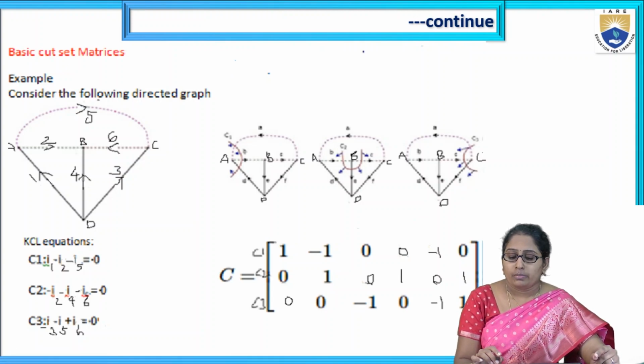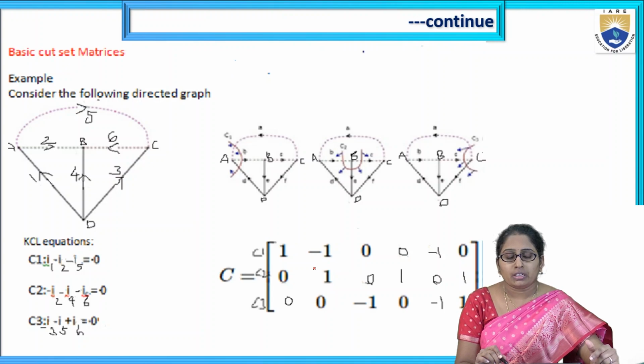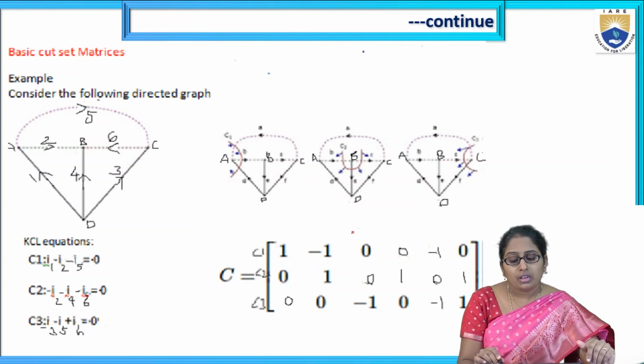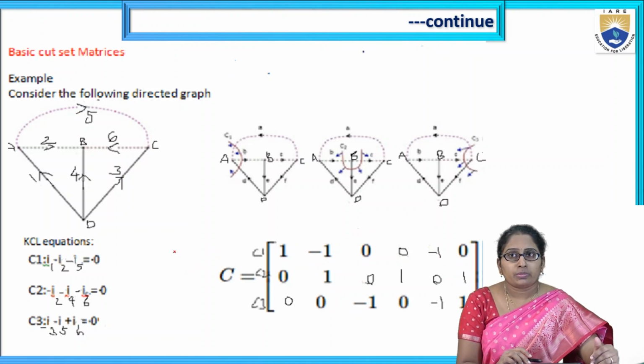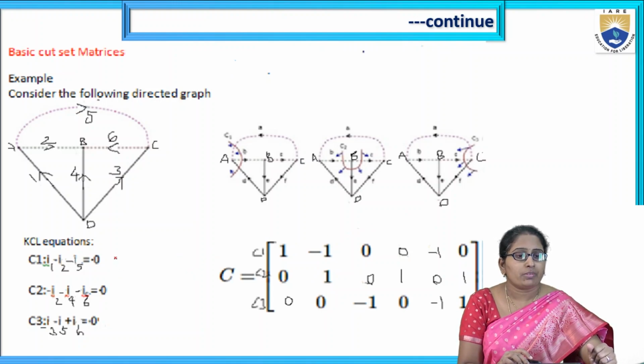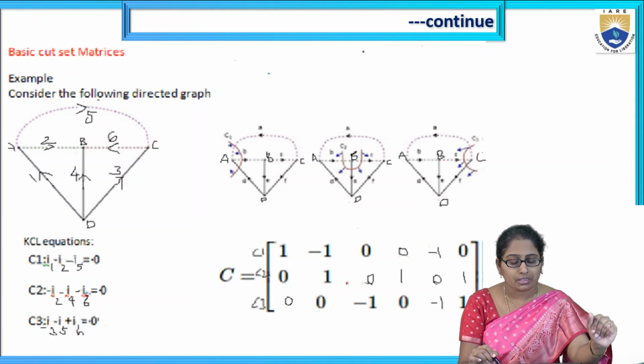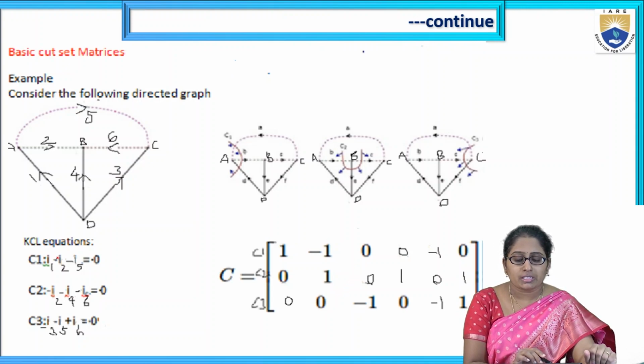Now, before going to how to get the cut set matrix, we have to write down the KCL equations with respect to each cut set. Then only we can write the cut set matrix. So how to write the KCL equations for a cut set?